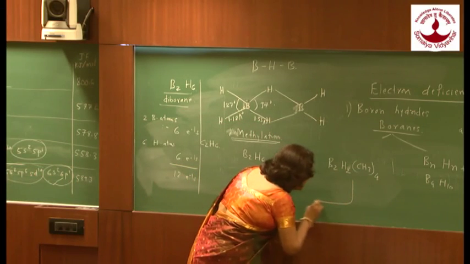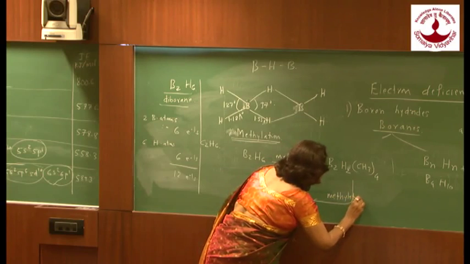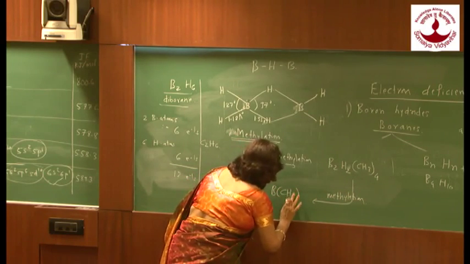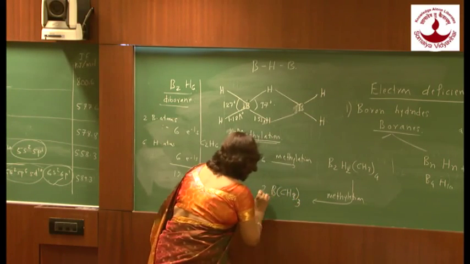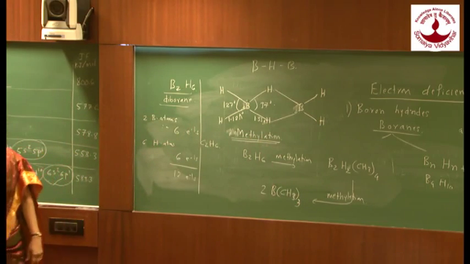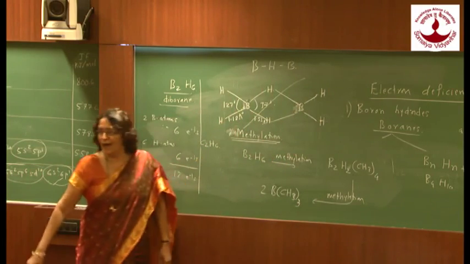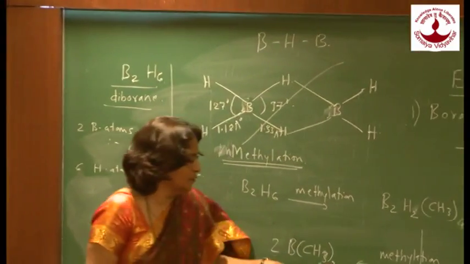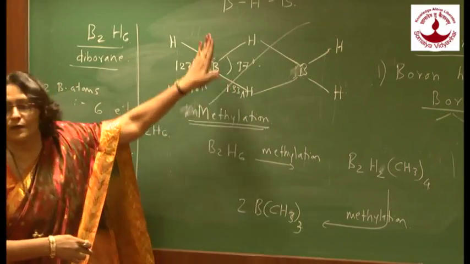Now if you further force methylation on this, then the molecule breaks and you get 2 B(CH3)3 units.